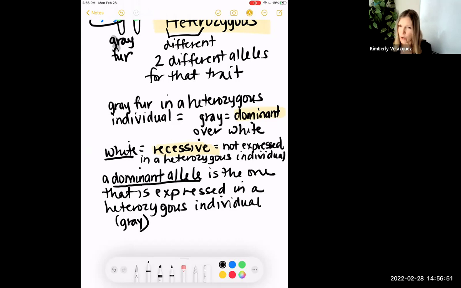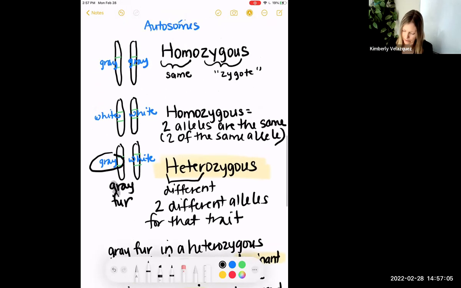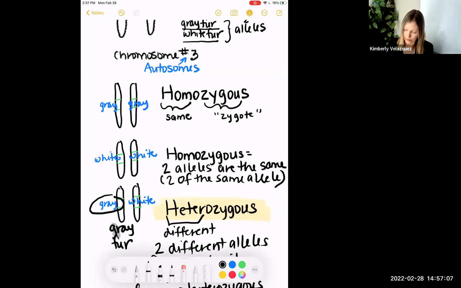now we can go back to our homozygous individuals and we can tell whether that individual is homozygous dominant, meaning they have two of the dominant allele, or homozygous recessive, meaning they have two of the recessive allele. So let's go back here. This individual, gray and gray, are the two versions of that gene they have. So they're homozygous, and we would now say that they are homozygous dominant, meaning they have two of the dominant allele.